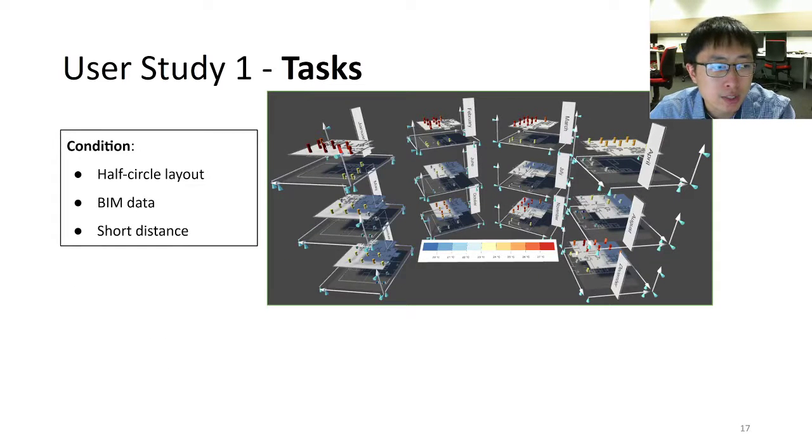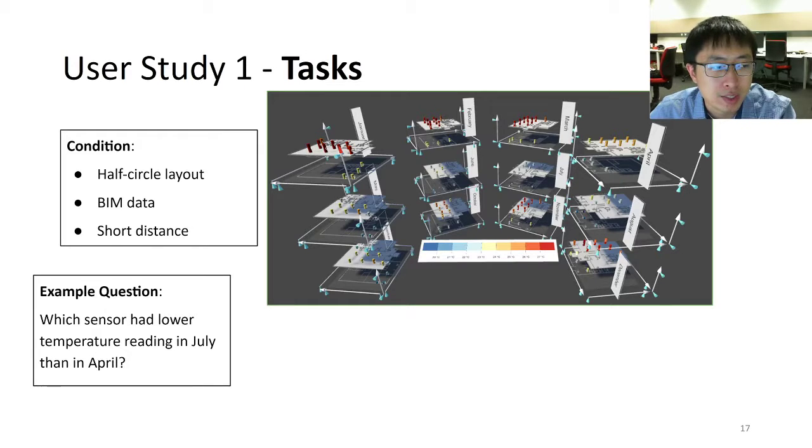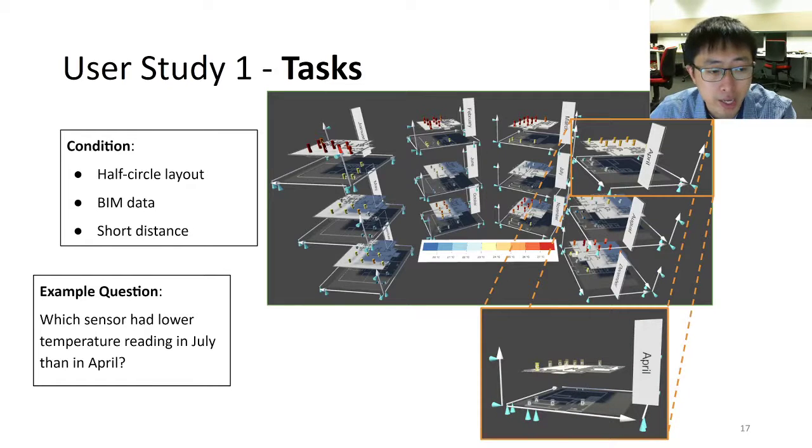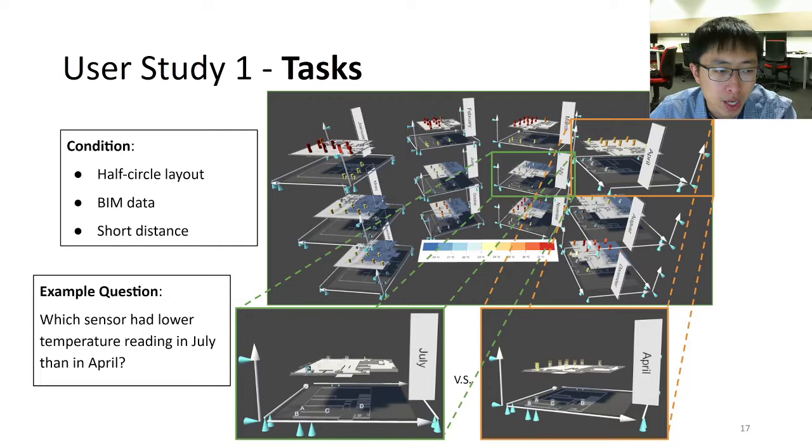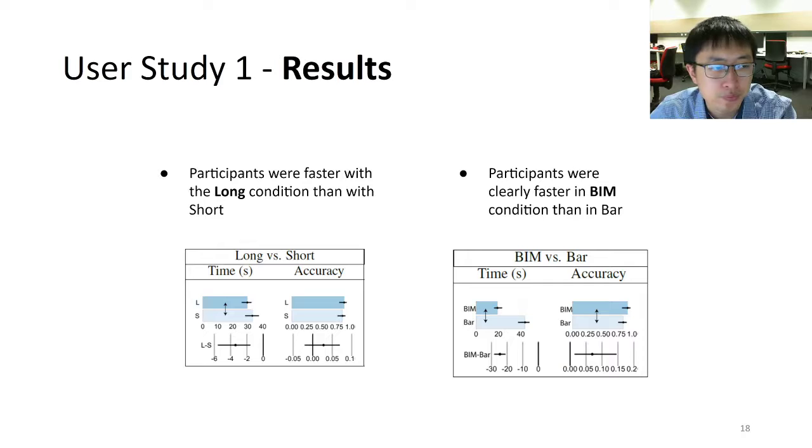Here's another task with the condition of a half-circle layout, a BIM data, and a short distance comparison. The example question is, which sensor had lower temperature reading in July than in April? Users will look at April and July the BIM models and compare the values.